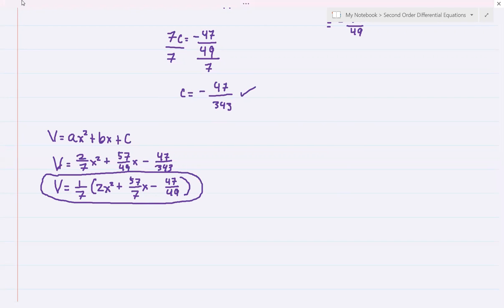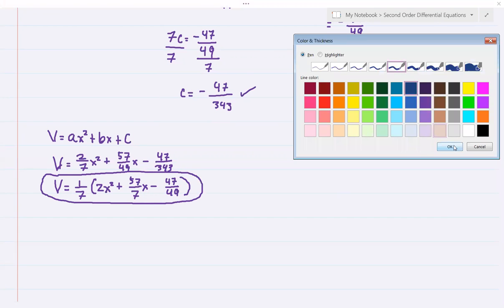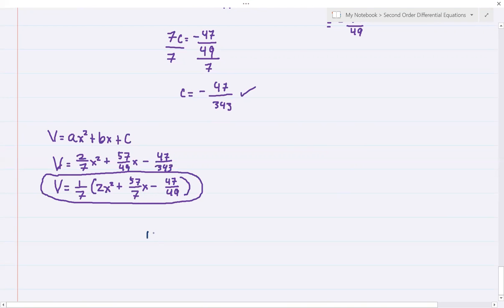Therefore, to rewrite everything, your general solution y is equal to u plus v.